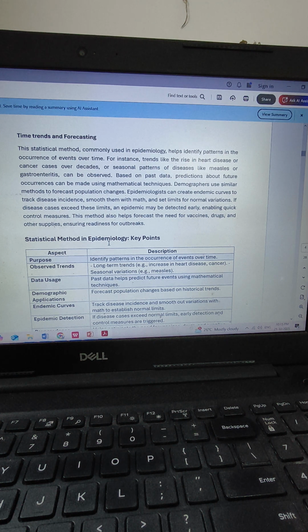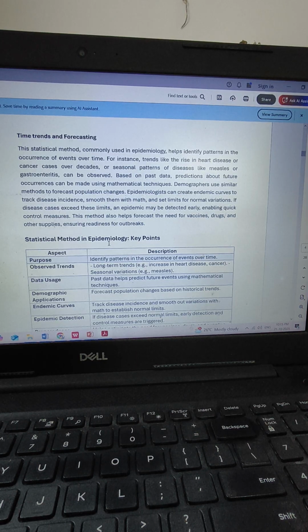So accordingly, we will have our vaccines ready, or the hospitals will be made ready, the medicines will be made ready, the stocks can be supplied accordingly. So yes, that is what the first para talks about.